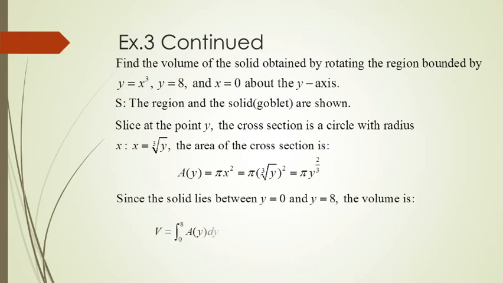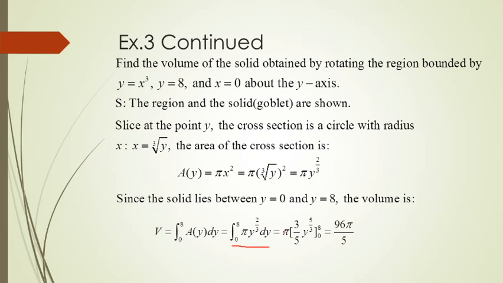The volume is, so evaluate this one. Find the antiderivative. The antiderivative will be y to the exponent 2/3 plus 1, over 2/3 plus 1, and you get 3/5.